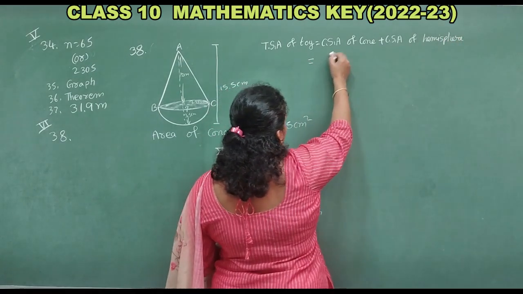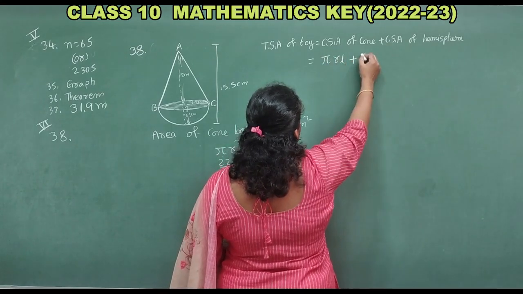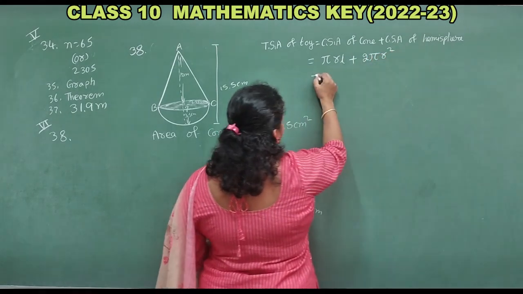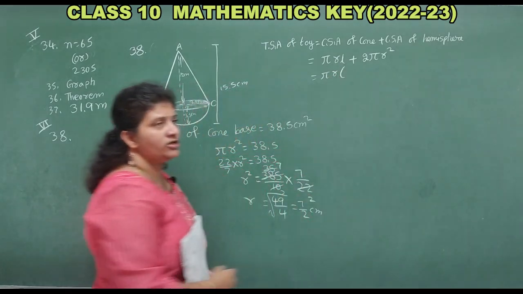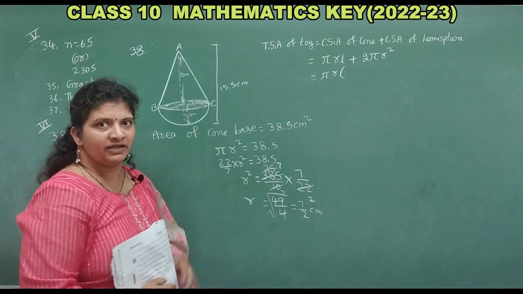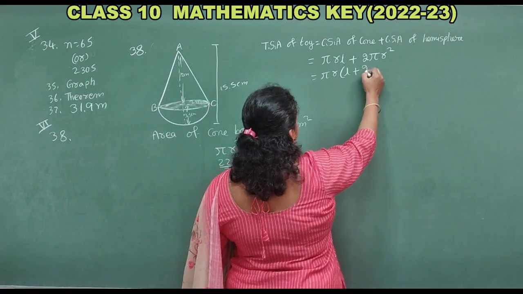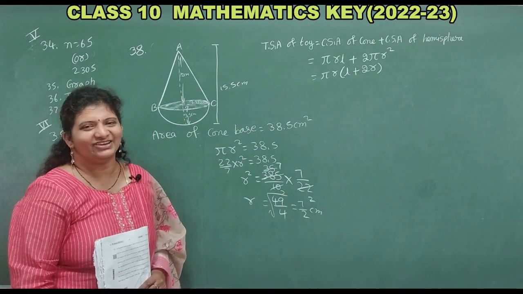CSA of a cone formula is pi r L. CSA of hemisphere is 2 pi r square. Is there anything common? Pi r I can take out common, because cone radius and hemisphere radius are the same. Pi r into L plus 2r. What about L? Do you know L? I don't know L.